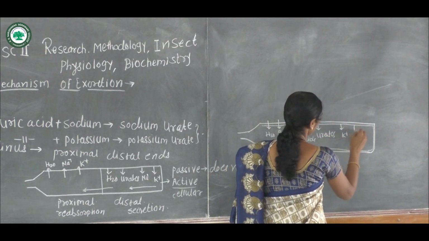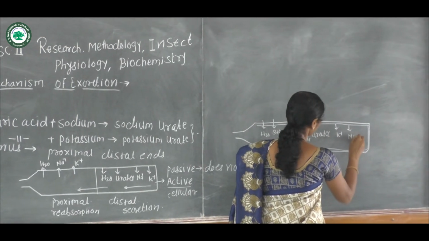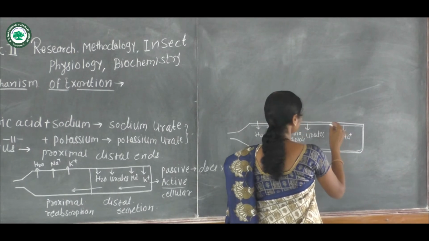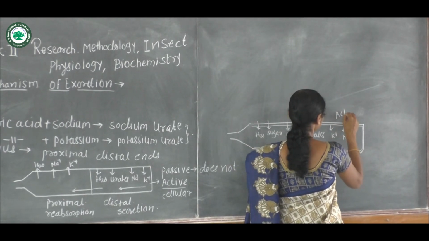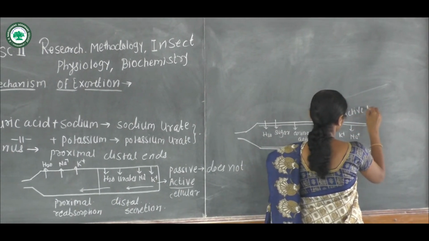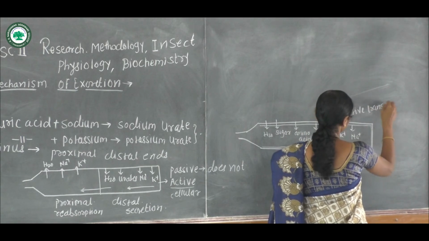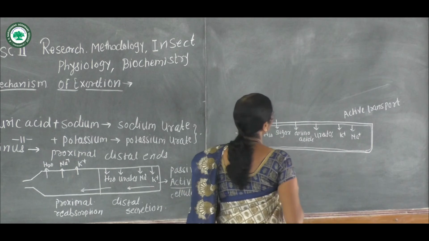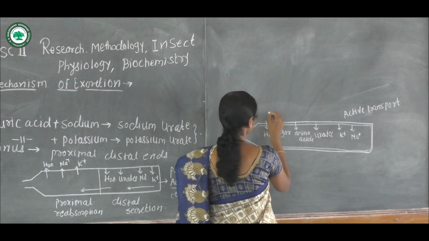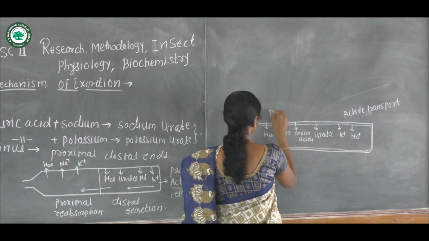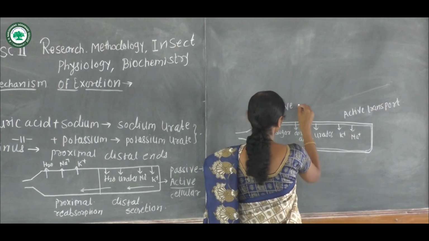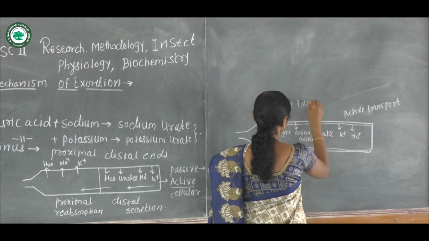calcium and sodium. Calcium and sodium are absorbed with the help of active transport, and water and urates pass with the help of passive transport.